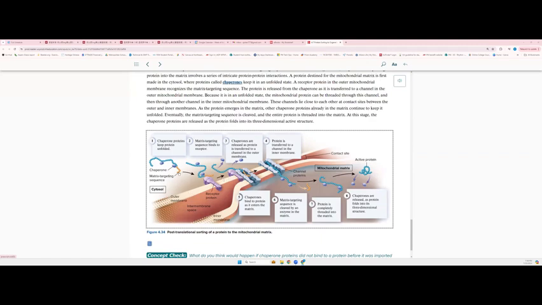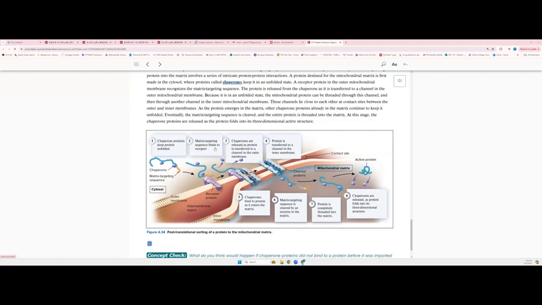First, during ribosome synthesis of the protein in the cytosol, a short fragment of polypeptide is synthesized, and then a chaperone, which is another type of protein, keeps the protein unfolded. This short fragment has the matrix targeting sequence, which is part of a small fragment of amino acids.